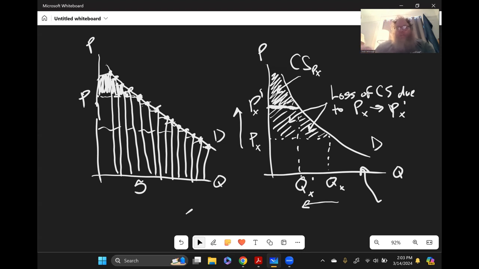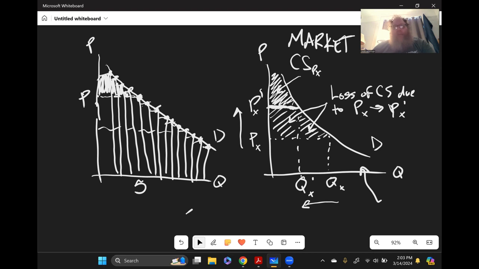And it's important to understand this is a market. We're not describing individual behavior. We're describing now all the consumer behavior in the market. So again, we've gone from individual utility functions, and now we're aggregating up to market demand.